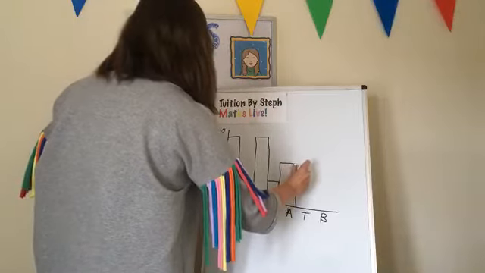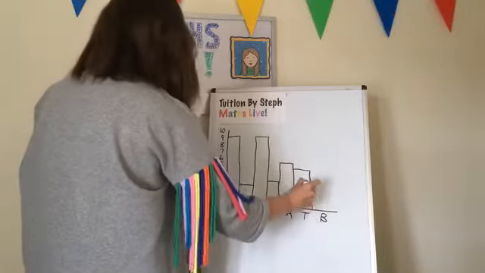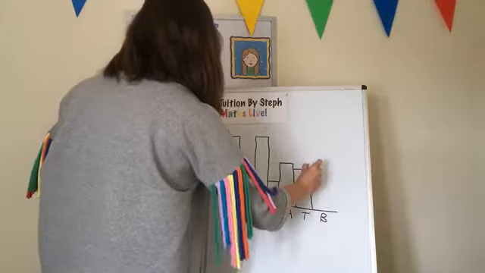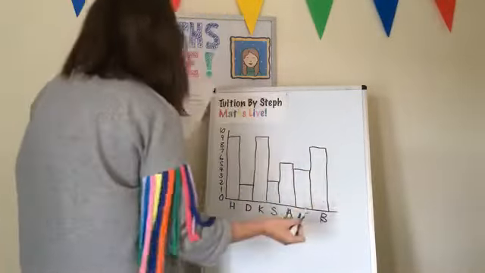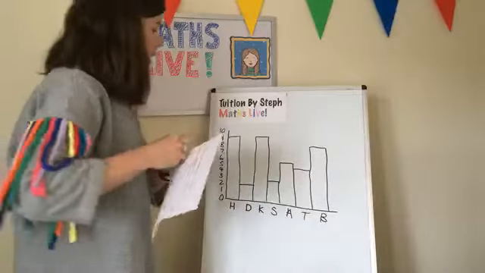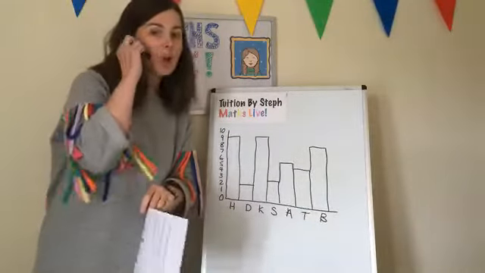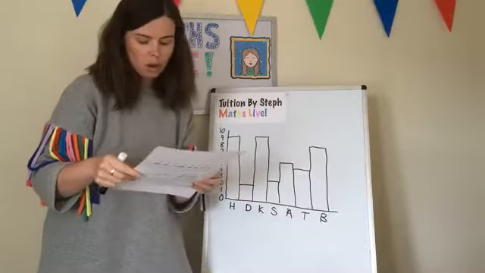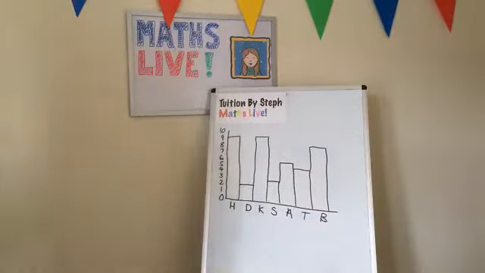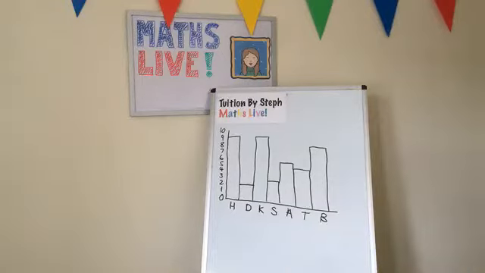Tony was here. And Ben was there. What is the range of the pets owned? What range of the pets were owned? Range of the number of pets owned.